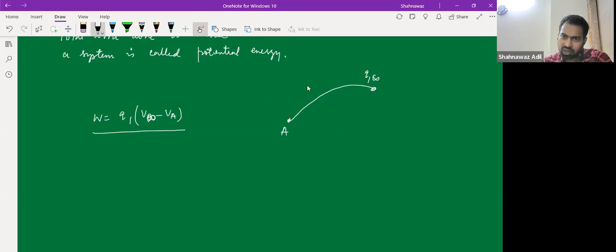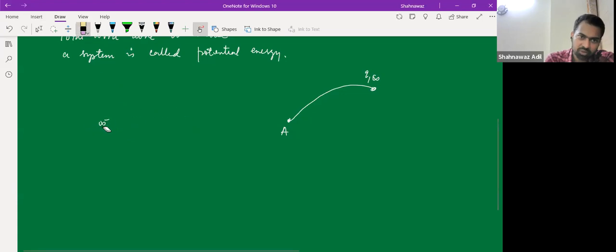If there is no electric field, if there are no other charges, then V infinity and VA would be how much? So we are bringing this Q1 charge from infinity to a point.